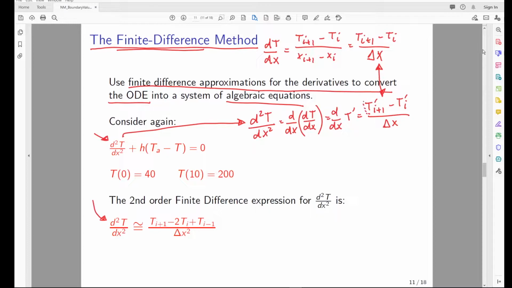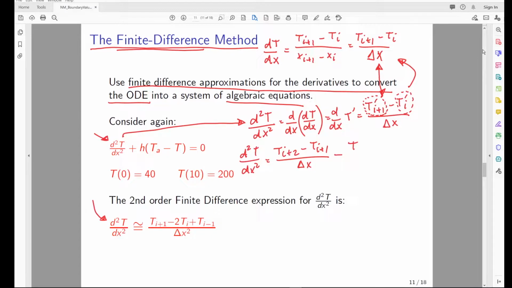Except now we've got to spend some time and replace this first term right here and the second term with, not surprisingly, stuff from up here in the top row. So now I'm going to make another one, d²T over dx² equals this first one right here, okay, is this guy, but I have to increment the i by 1, so I'm going to make this be T_{i+2} minus T_{i+1} divided by delta x, minus this one right here.